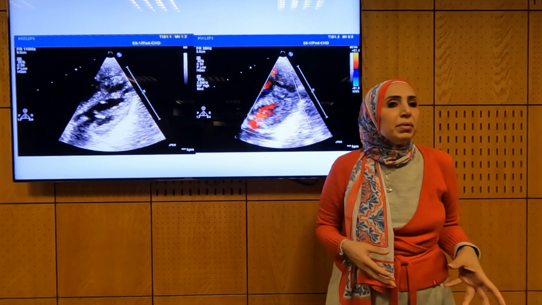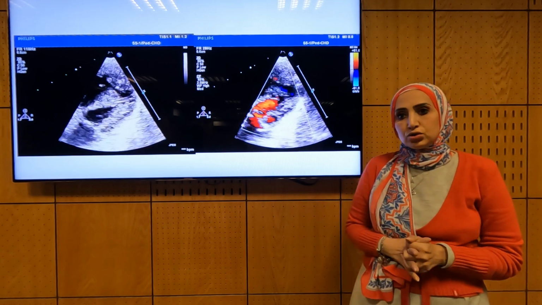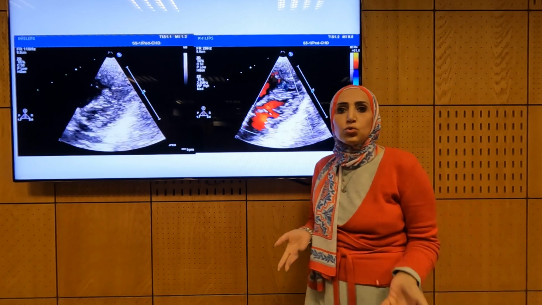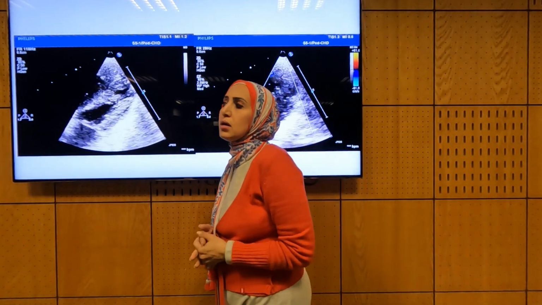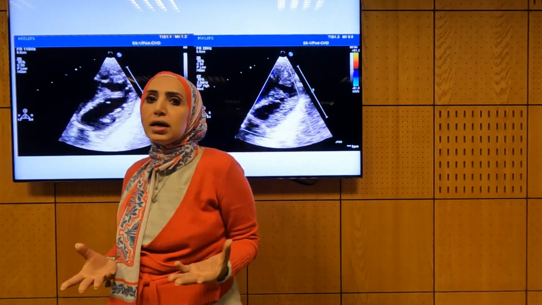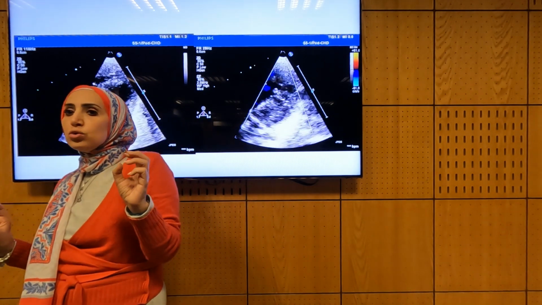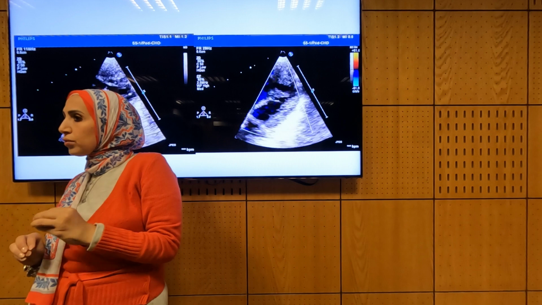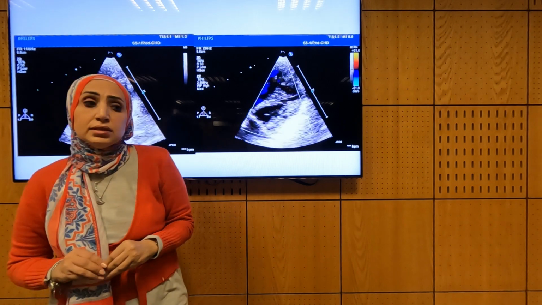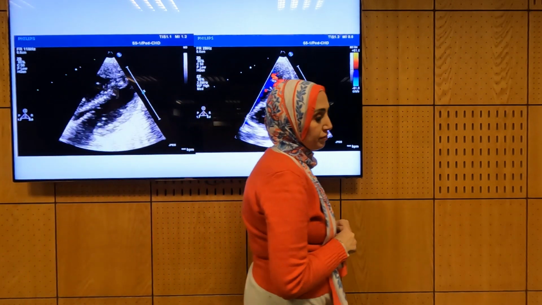So if we have multiple VSDs and they are large, the pressure is equalized between the LV and the RV. You will find a state of equilibrium, where the color does not move. And because of hypertrophy of the ventricle, it might be easy to miss this muscular VSD.